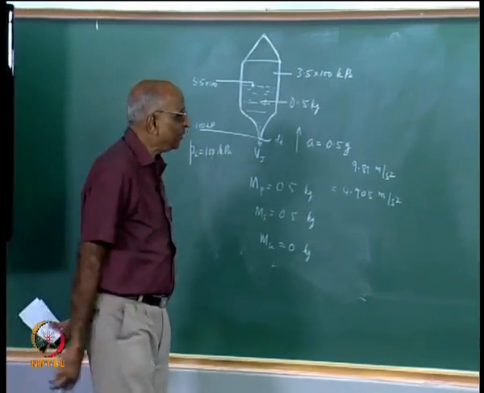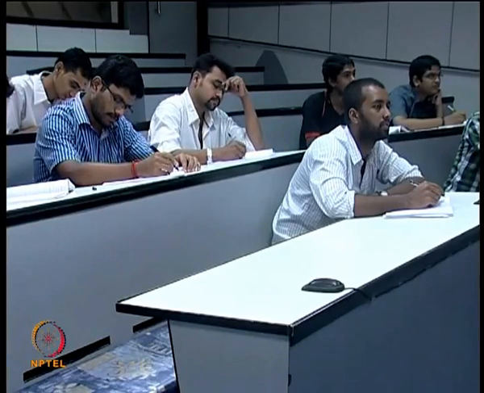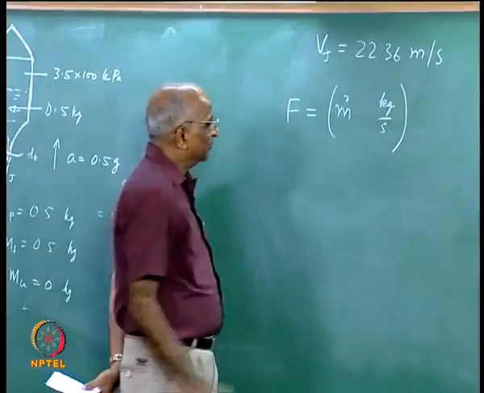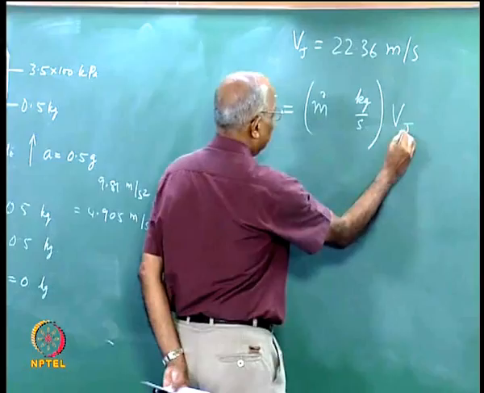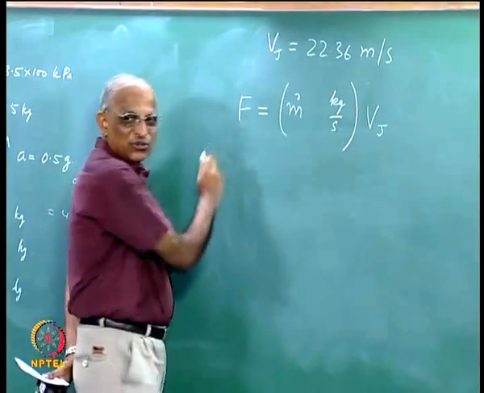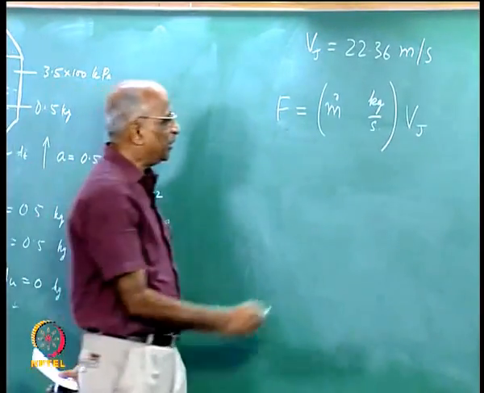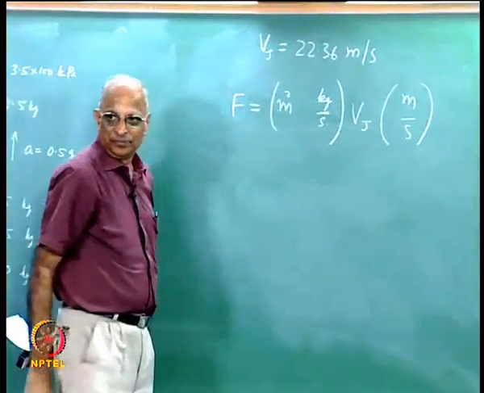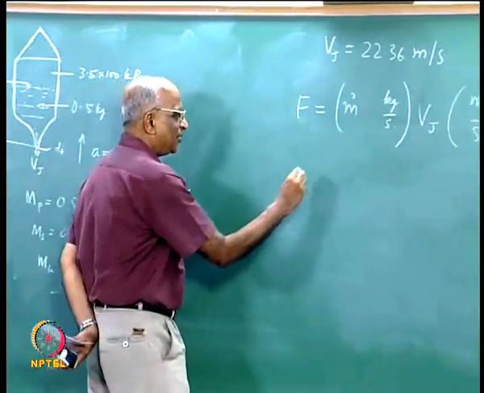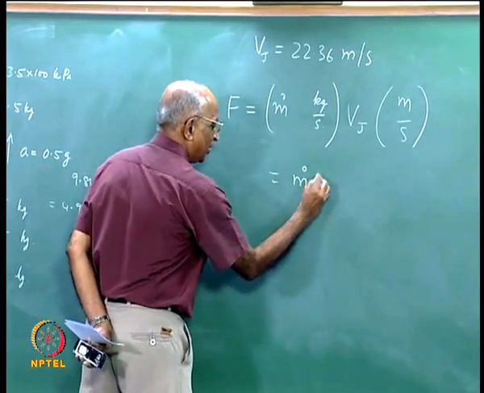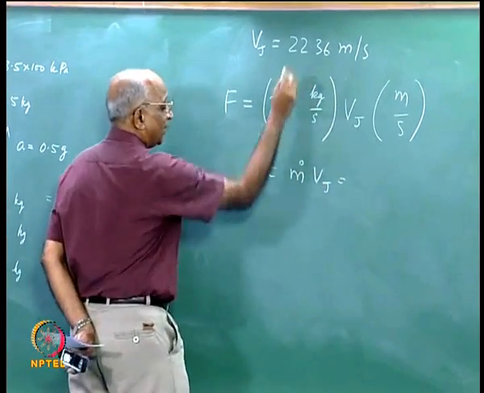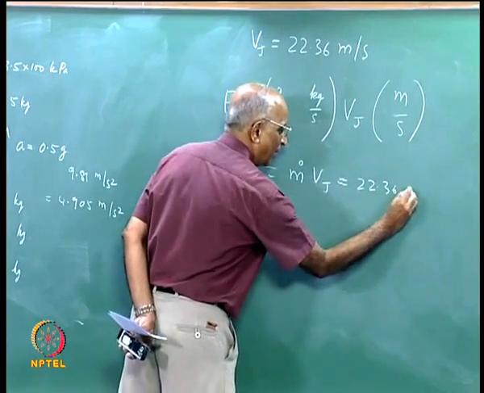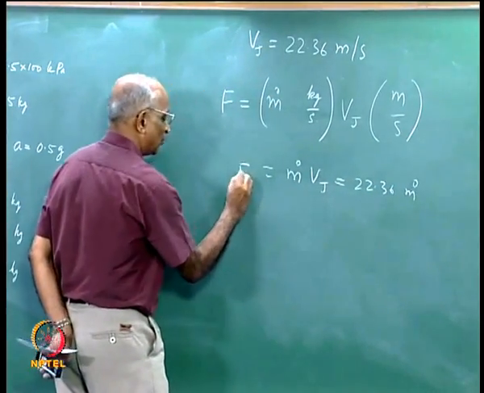Therefore, m dot Vj is force, in units of meters per second times kg per second. That means the thrust is equal to m dot Vj, and Vj we have already calculated is 22.36, so 22.36 into m dot is equal to the force.